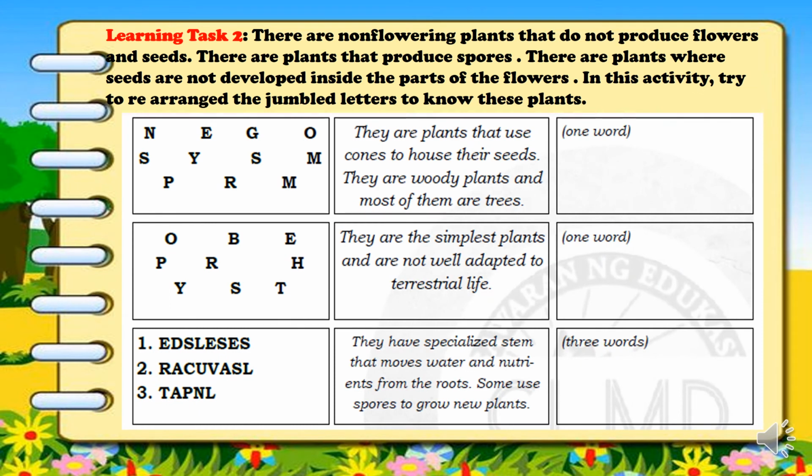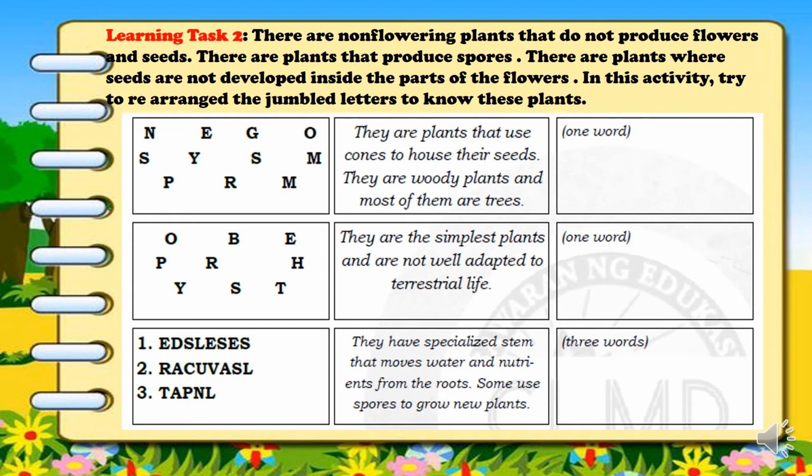This time, let us answer learning task 2. There are non-flowering plants that do not produce flowers and seeds. There are plants that produce spores. There are plants where seeds are not developed inside the parts of the flowers. In this activity, try to rearrange the jumbled letters to know these plants.